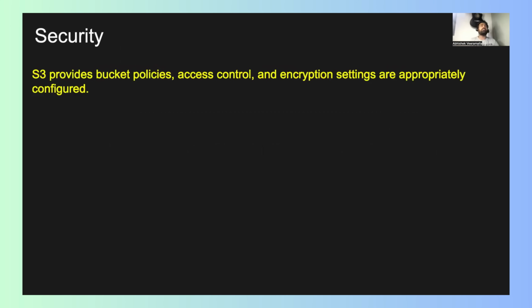Security. So what does security mean? If you're storing your database objects, or your application log files or any sensitive information, any organization will ask you about the security point. Okay, I'm storing all my files with you, but how secure are you? What AWS says is, we will provide you a lot of options. One is, any object that you put, you can store that information with encryption.